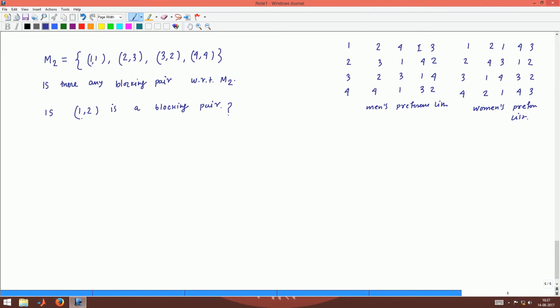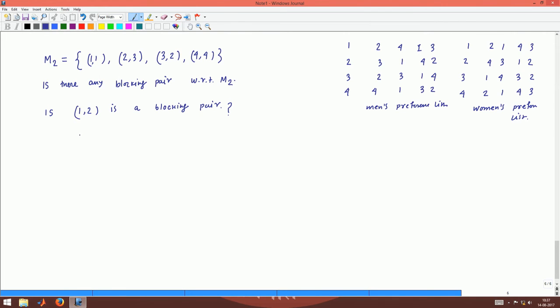Let us see. First of all, (1, 2) is not in the matching, and a blocking pair is never in the matching, right. Man 1 is matched with woman 1, and he prefers woman 2 more than woman 1.